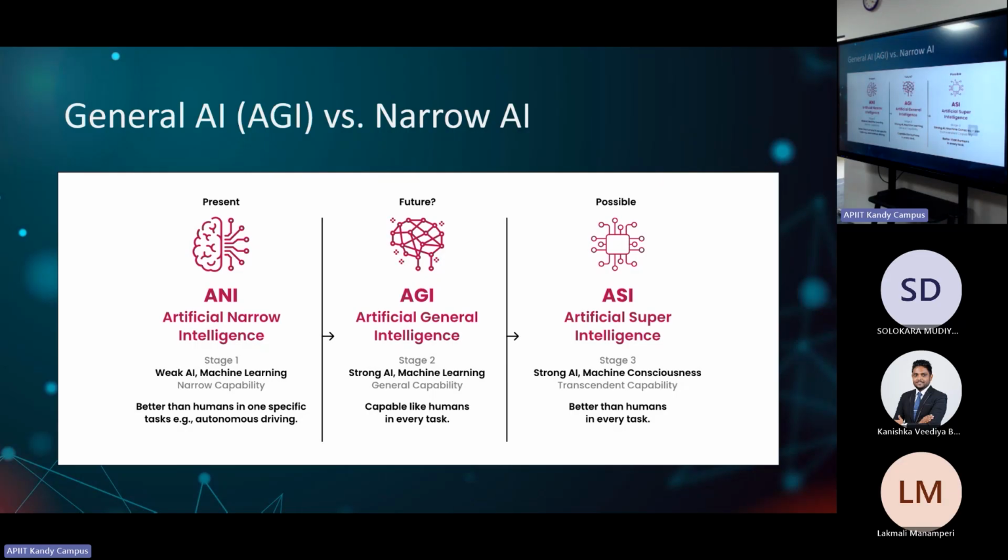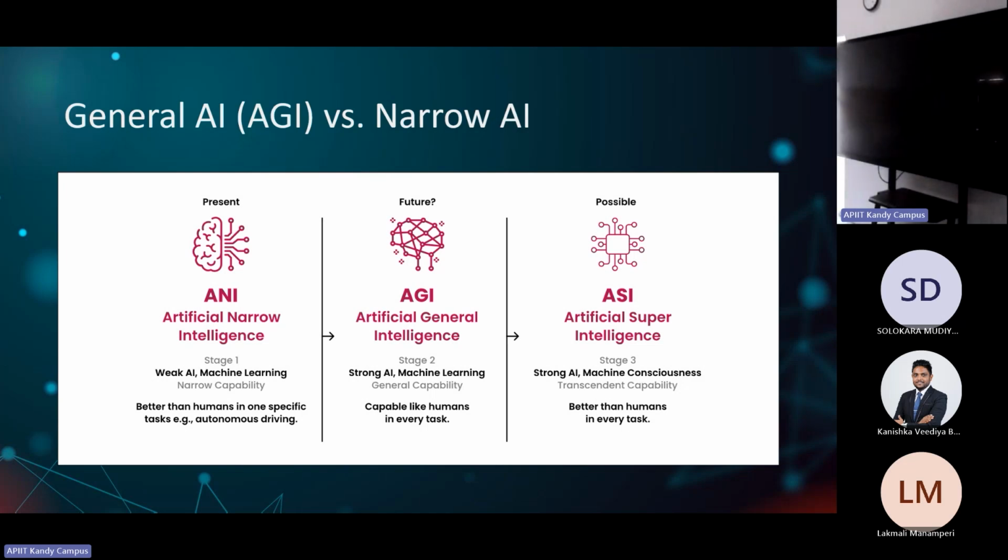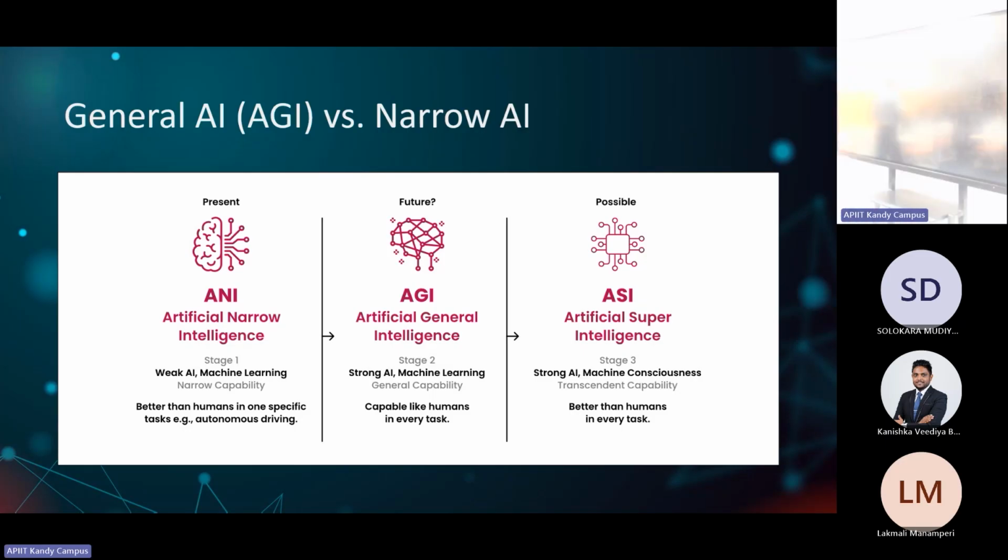It'll take your prompt and ask DALL-E to do it because ChatGPT is not good at it. If you want some mathematical solution, then you have to look for something else. If you want programming, you have to look for another model, right? So narrow AI is basically that. It's good at one thing. It's not good at everything, right?